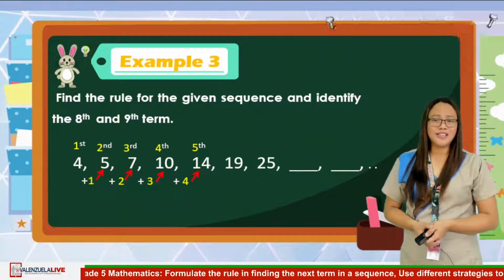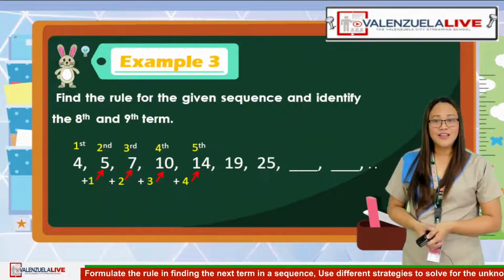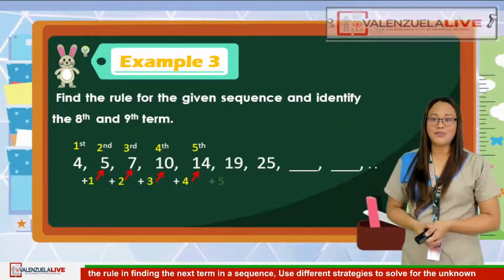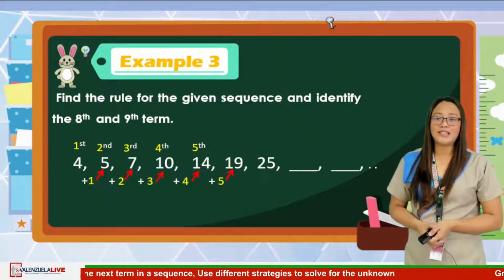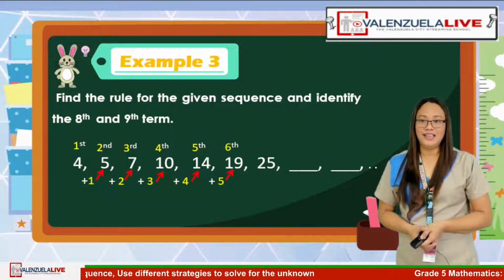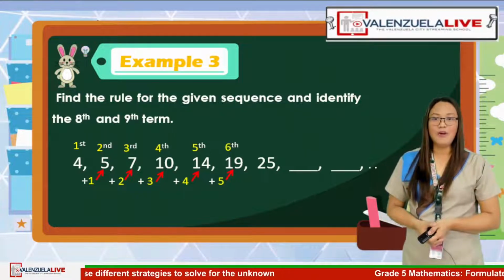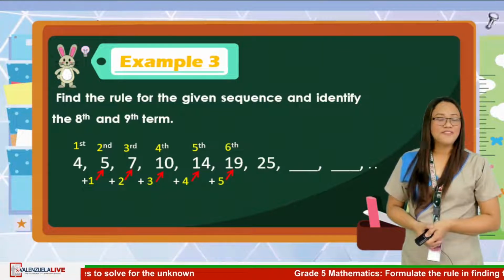Then to get the sixth term, what could be the next? Very good. You have to add 5 to 14 to give you the sixth term, which is 19. All right. How about the seventh term? What are we going to do? Very good.